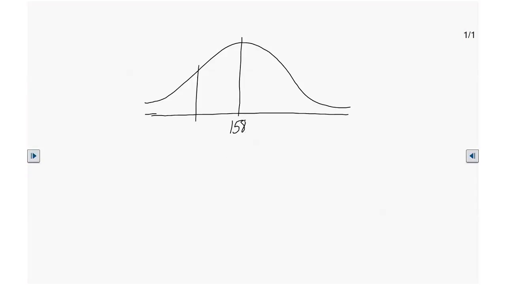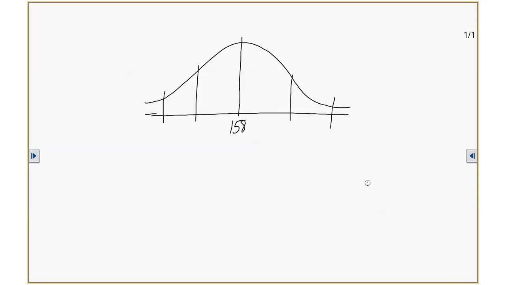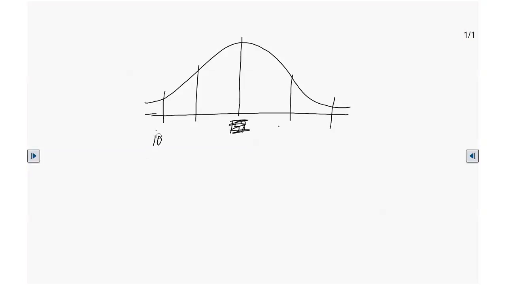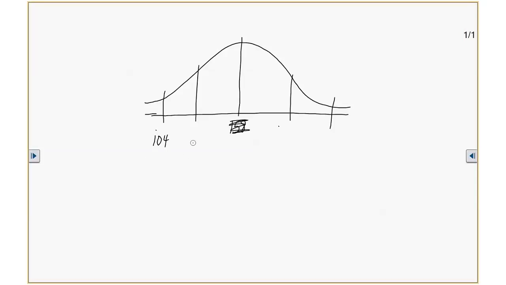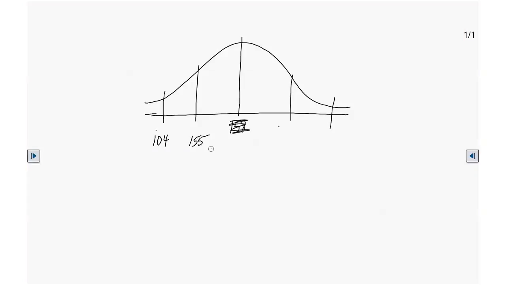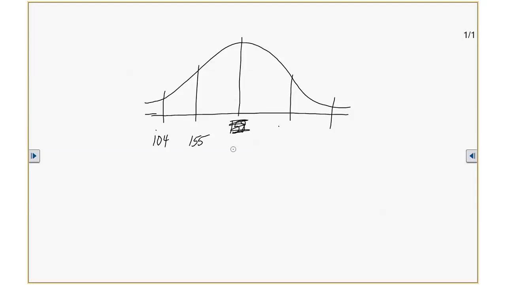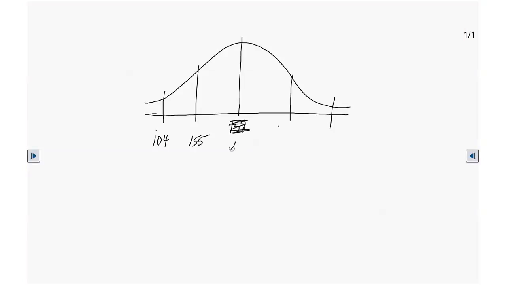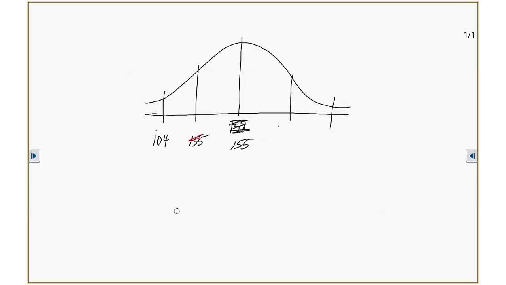And add 51 on both sides. 51 here, 51 here, 51 here, 51 here. Or you can take the minimum. What was the minimum? 104 and add 51. 155. Add 51. It's really 155 right here. I'm sorry, 155.